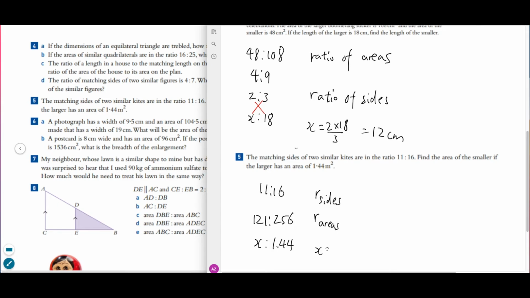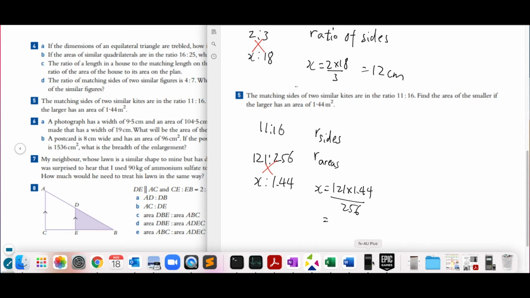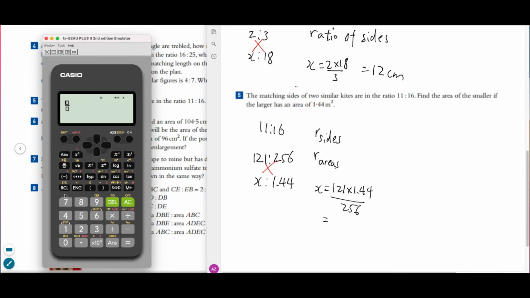Use the cross method again. x equals 121 times 1.44 divided by 256, which equals 0.68. So 0.68 meters squared to 2 dp, because there are quite a lot of decimal points after this.